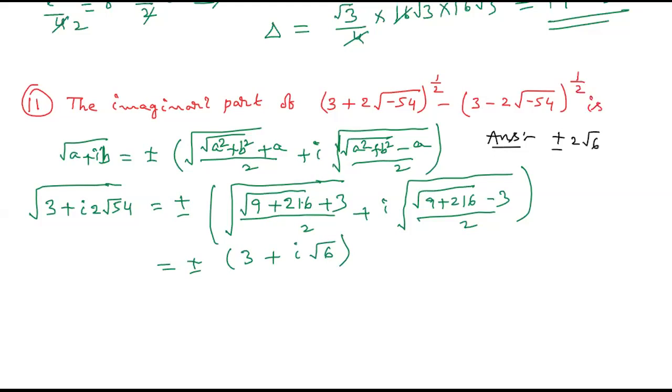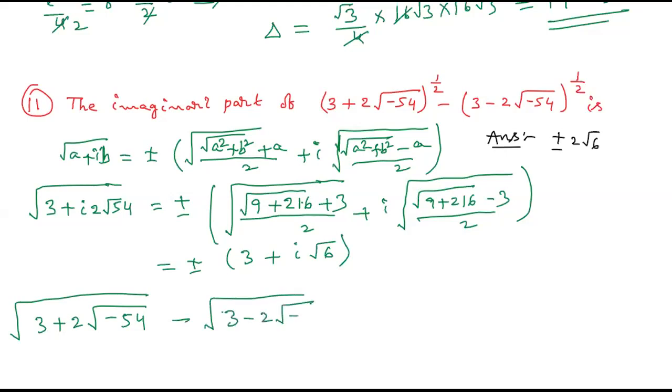So finally, (3 plus 2 root minus 54) whole power 1 by 2 plus (3 minus 2 root minus 54) whole power 1 by 2. These are the answers we need. The first one is plus or minus (3 plus i root 6), and the second is plus or minus (3 minus i root 6).